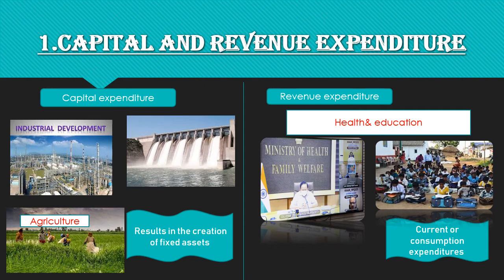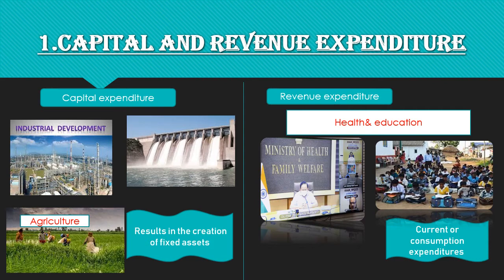The union government explains that revenue expenditure comprises money spent on revenue account, the amount spent on running its elaborate machinery.